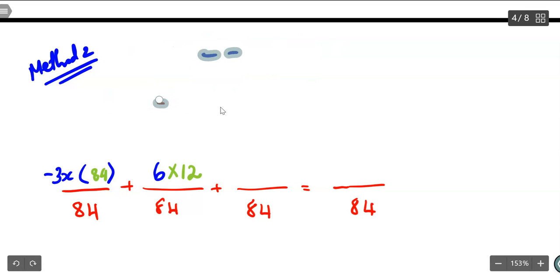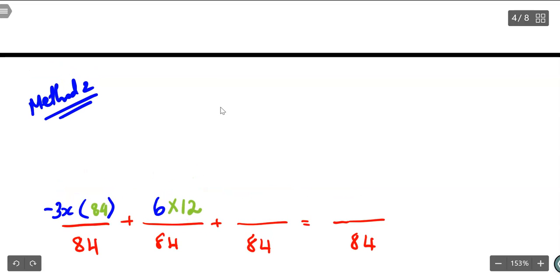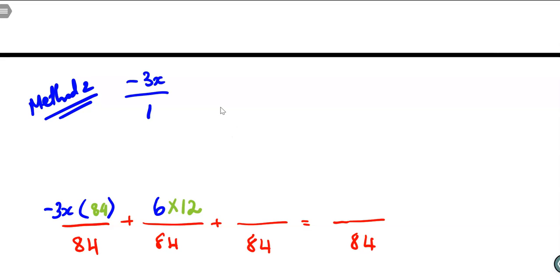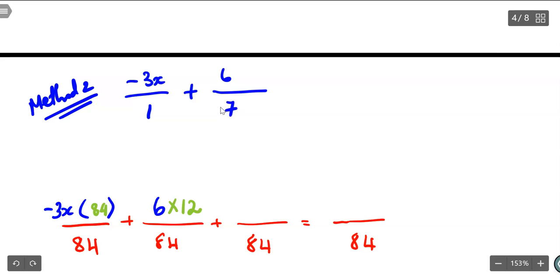Okay, so the original equation is like this. Negative 3x, I'm going to write it as over 1. And then I am adding that with 6 over 7. I add that with 5 over 3. And I have 7 over 4 on this side.